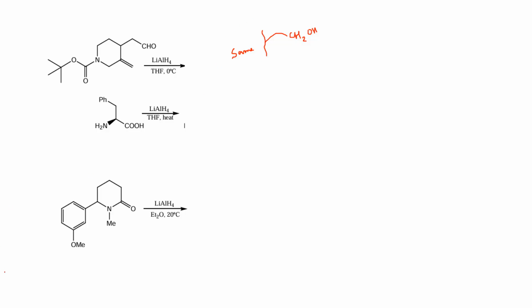Next is this LiAlH4 reduction. So this amine is there, and amine is in the least oxidation state, so it will not be reduced further. What will happen? Just our acid will be reduced to primary alcohol.